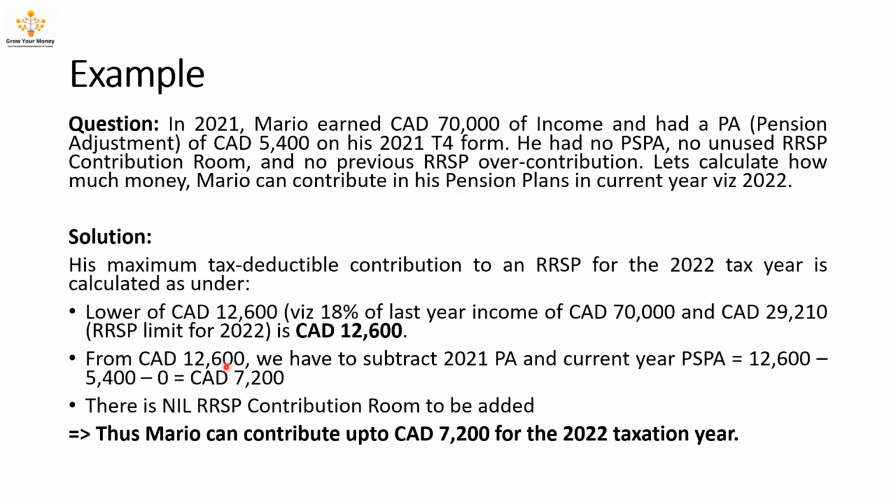So all are nil. Since there is no RRSP contribution room to be added, Mario can contribute up to CAD 7,200 for the 2022 taxation year. That means Mario can contribute up to 7,200 CAD in the current year into his RRSP account.